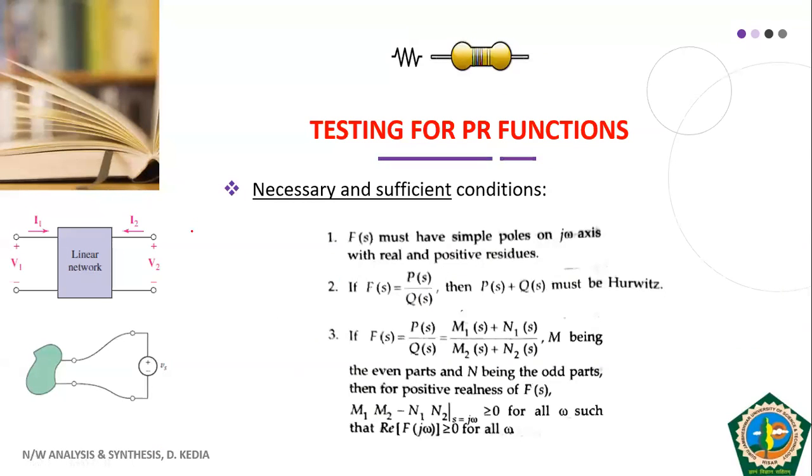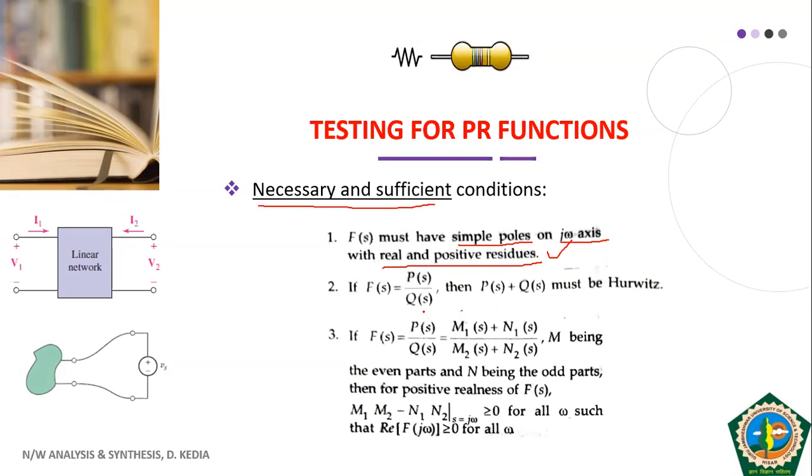Now we need to look into the necessary and sufficient condition. If these conditions are satisfied, then we can say guaranteed that your given function is a PR function. So what are those necessary and sufficient conditions? The first condition is that they must have simple poles on the j omega axis with real and positive residues. This we will discuss with the help of one example.